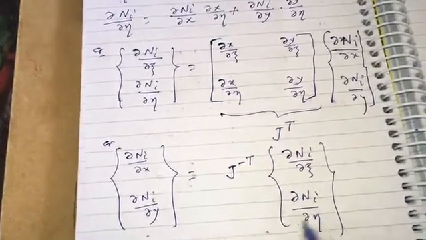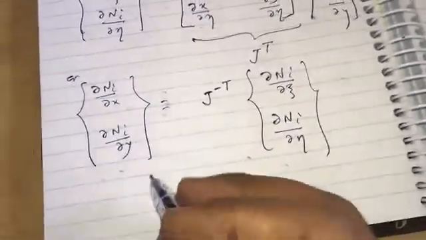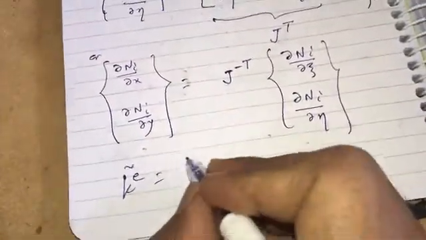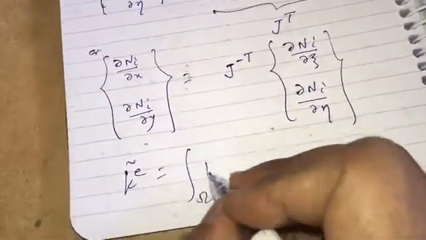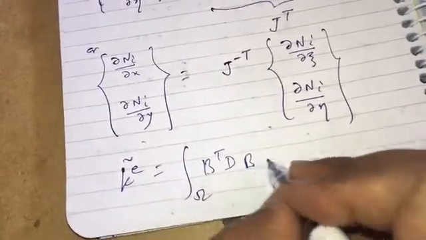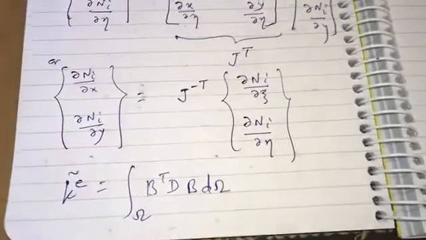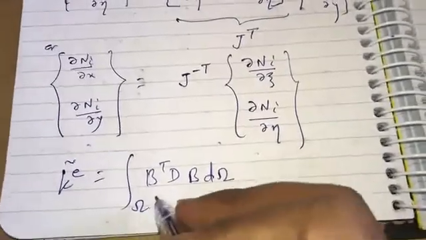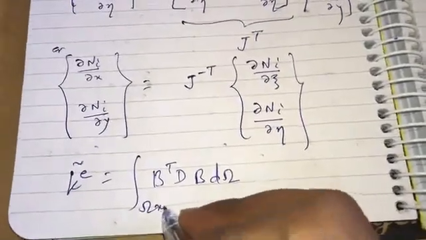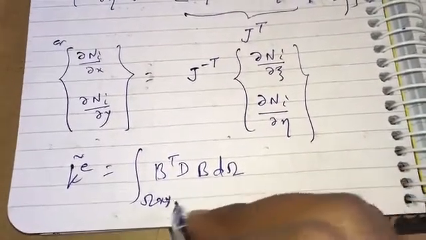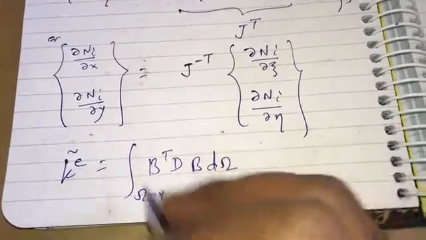This is what the relationship is. Okay. So, remember that our Ke is given by the integral of B transpose D B d omega. This is in the xy coordinate system. So, the domain is basically in xy.